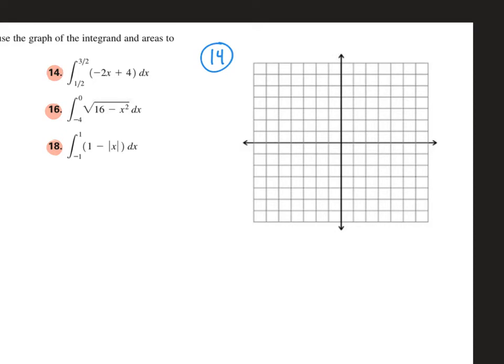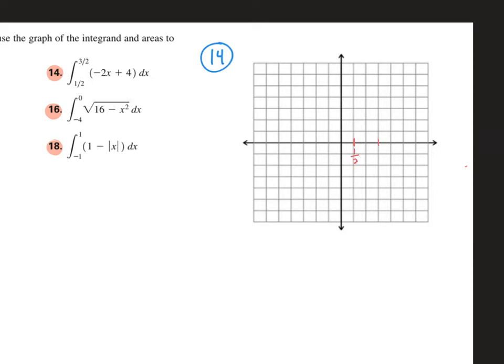Okay, so if you plug a half into there, so maybe we'll go by halves. So here, we'll call that a half.